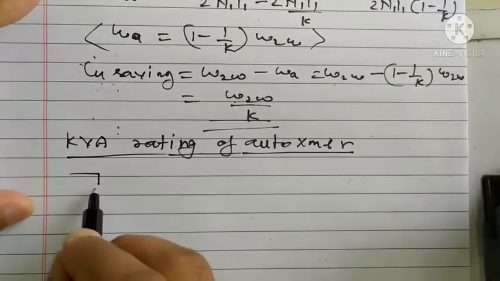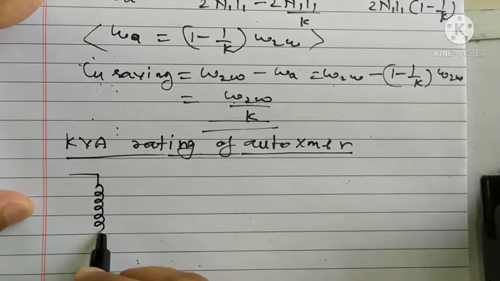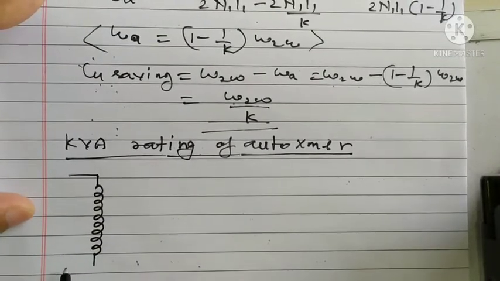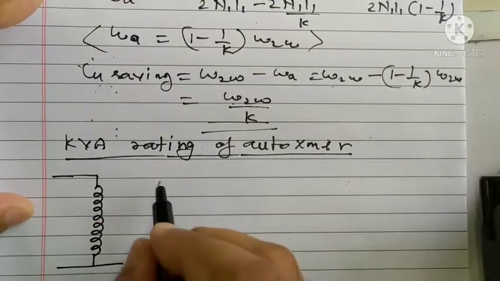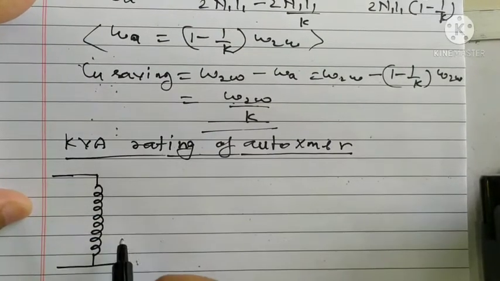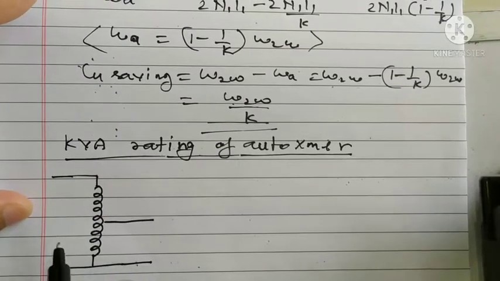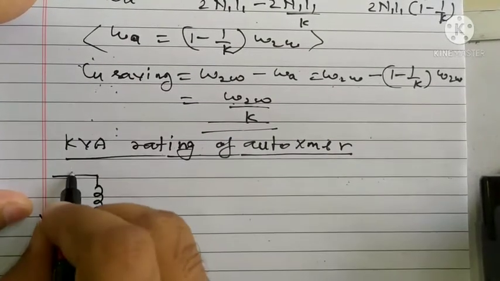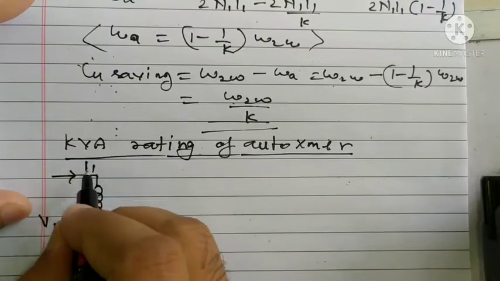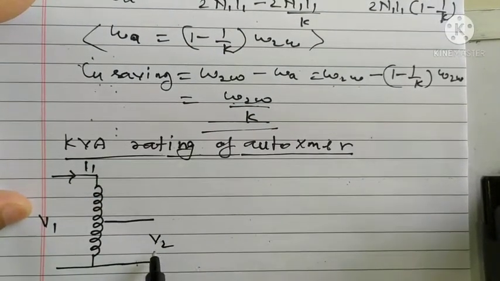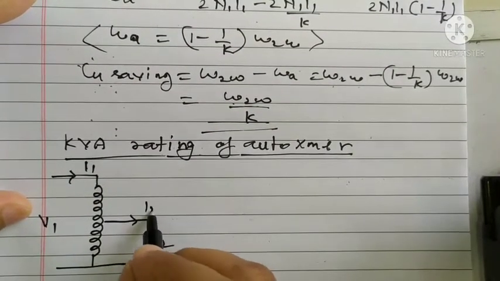Let me take first a step down. This is my step down transformer. kVA rating, that is VA rating, is voltage and current multiplication, so I will focus on voltage and current only. Here supply voltage is V1, current is I1, right? Here voltage is V2, current is I2.